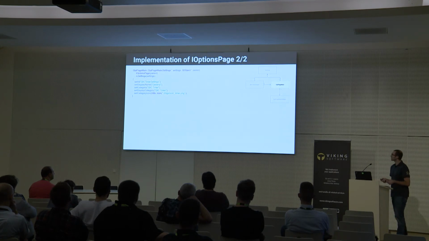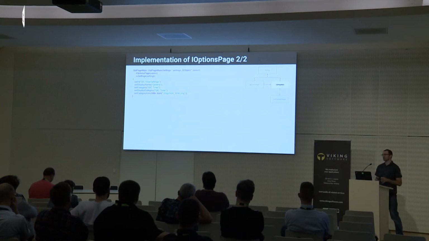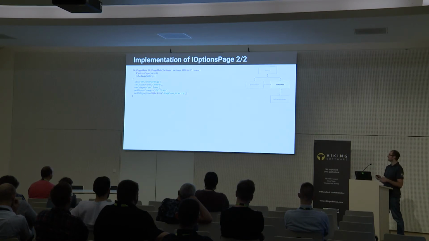Now, something important happens in the constructor. You first set an identifier for your page, and then you set an identifier in setCategory for your group of options. So when you're creating more pages, you have to repeat setCategory using the same ID. In this case, QtC timer, and all these pages are going to be put together in the same page in the options.